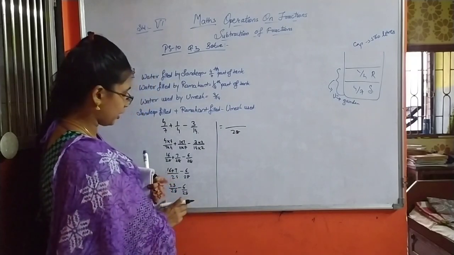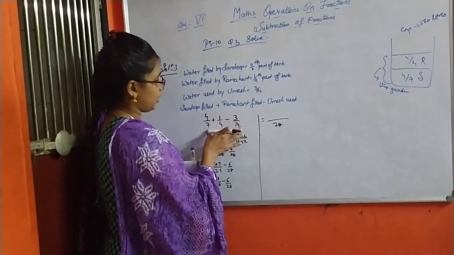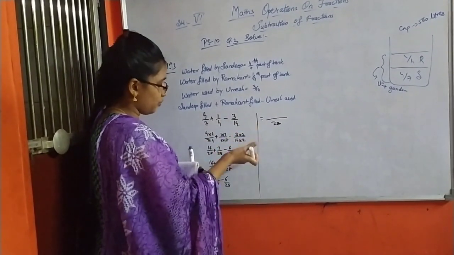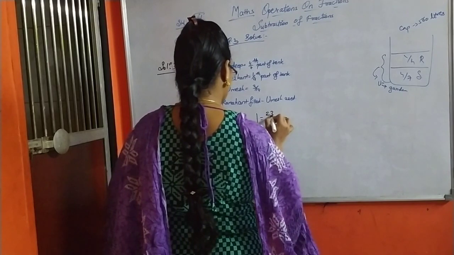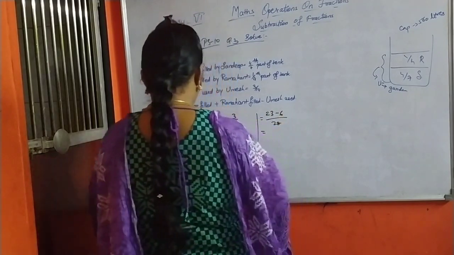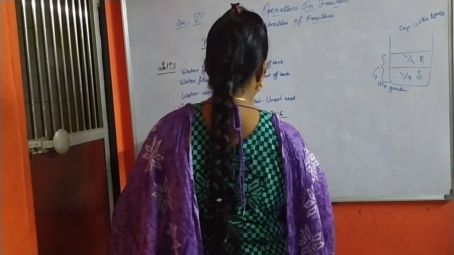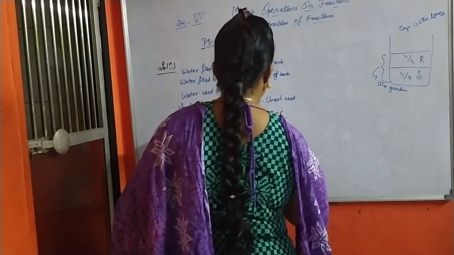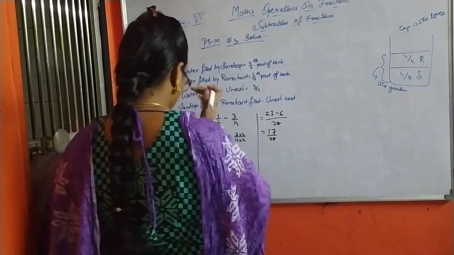Here, see, it became easy as we got common denominators. How did we find it? We found it by taking the common denominator of all the three numbers. It was easy for us to subtract here at the end. So 23 minus 6 we have to do and get the answer. We get the answer as 17 upon 28.